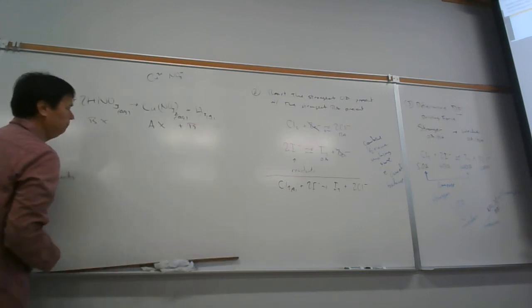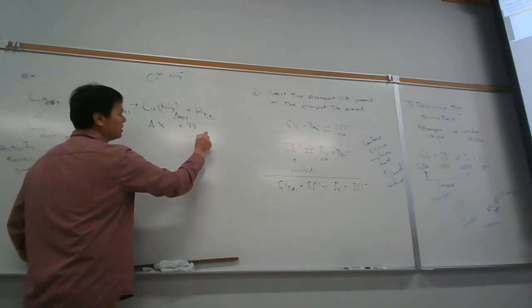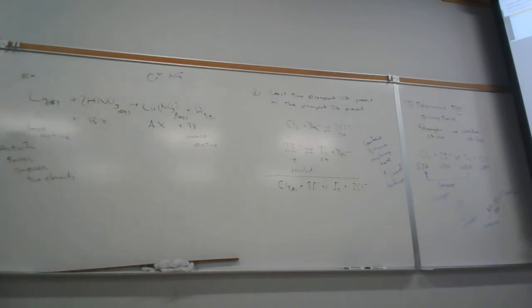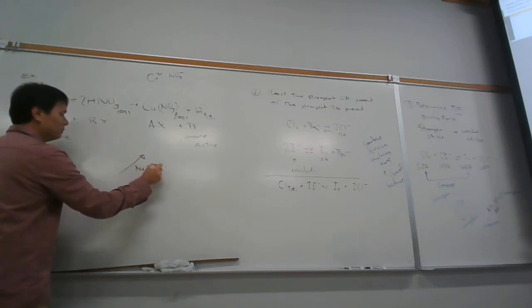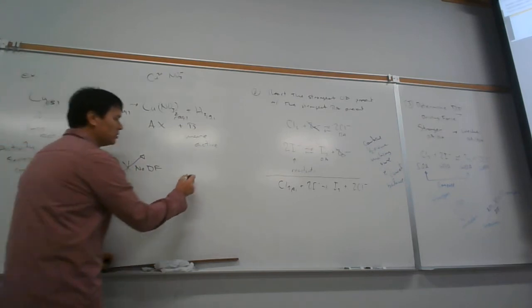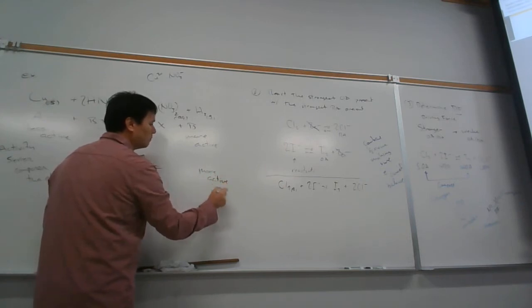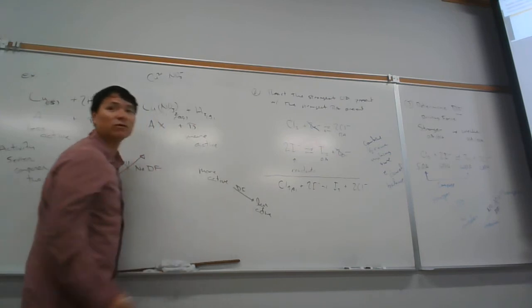And in the jargon of activity, we say we're going from a less active copper to a more active hydrogen. That's uphill, and so there's no driving force. What we want to do is go from more active to less active. If we go from more active to less active, that's downhill. And that would be what we call a driving force.